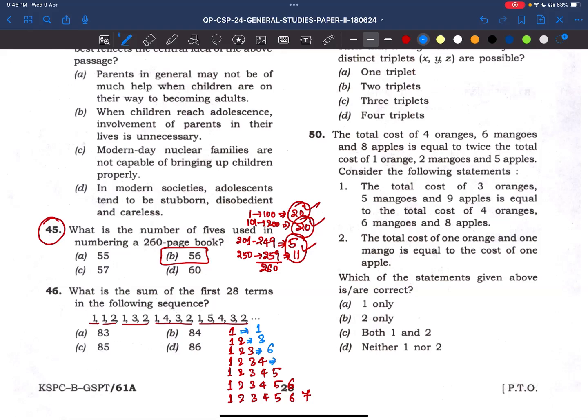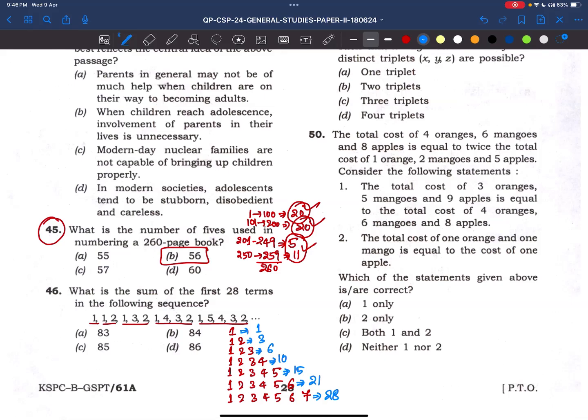4 into 5 by 2, that is 10. This is 5 into 6 by 2, that is 15. This is 6 into 7 by 2, which is 21. This is 7 into 8 by 2, 28.